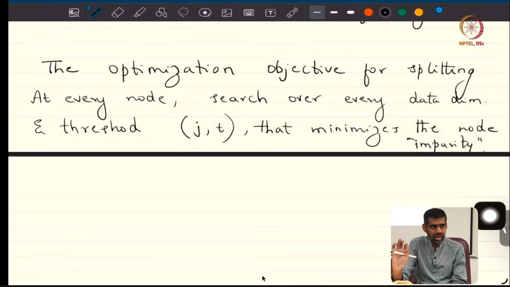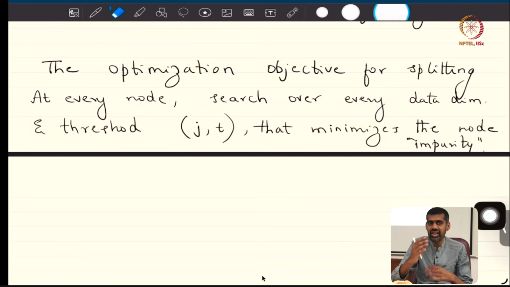A good data partition is the one that has all samples corresponding to one particular class, is not it? Why? Why is that a good partition? Because remember that finally what do we have to do? Any classifier would have to partition the data space in such a way that one space always contains samples from one particular class, the other space contains samples from the other class. That is what separability is all about, right.